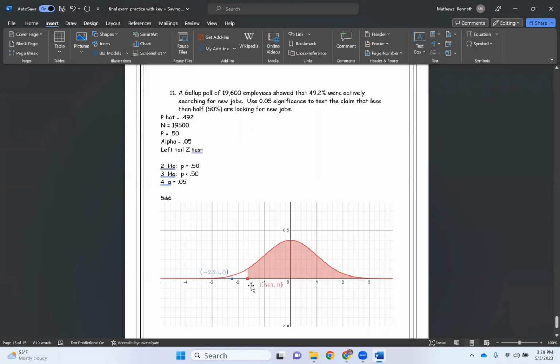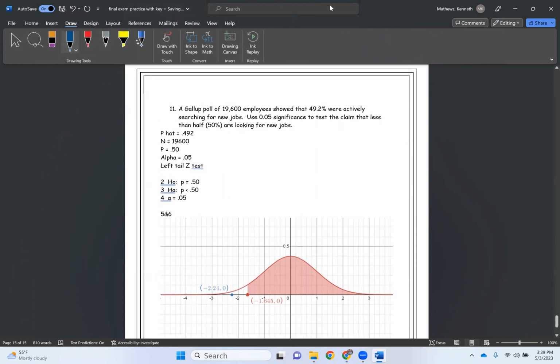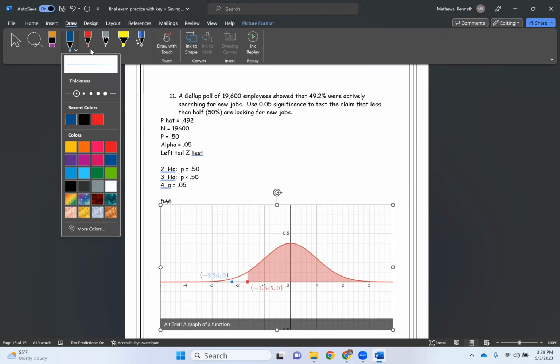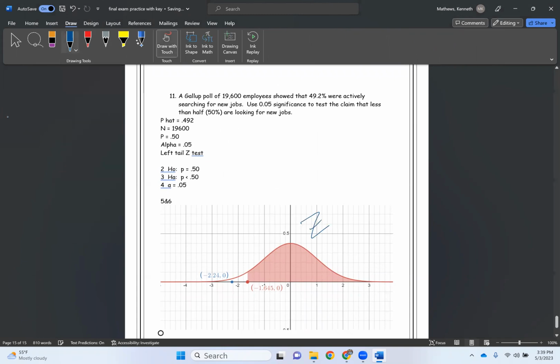All right, so our critical value is negative 1.645. And we see that our test statistic z is equal to negative 2.24. All right, so we're ready for the rules.